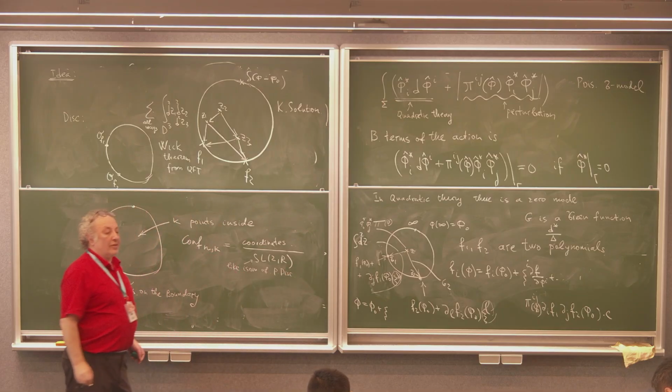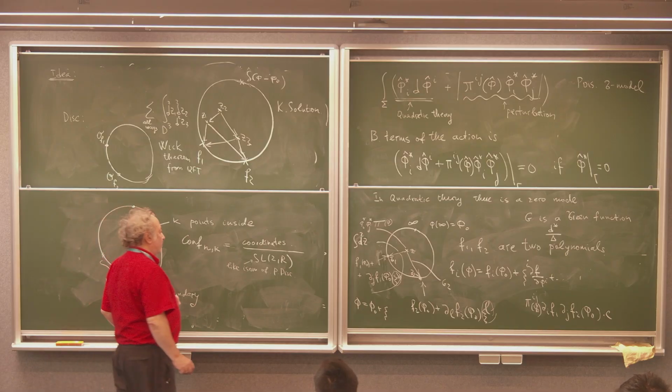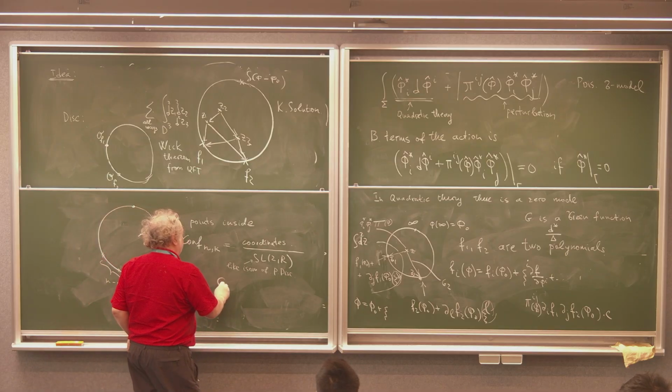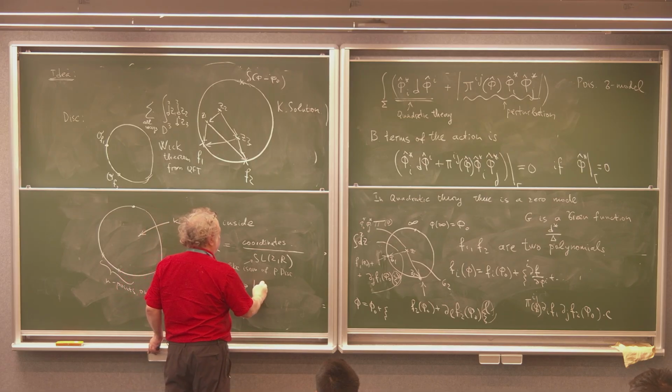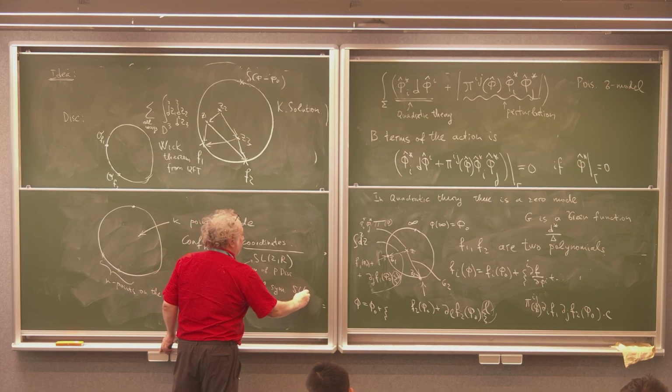However, the deeper explanation of this SL(2,R) is the following. If we have CP1, then it has holomorphic symmetries that form the group SL(2,C).